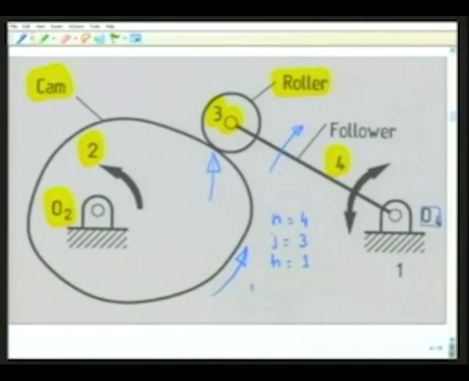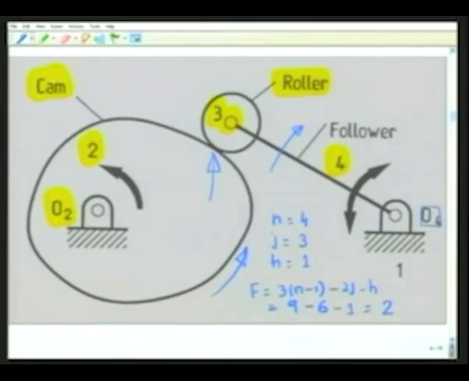So if we calculate the degree of freedom F, which is 3 times n minus 1, minus 2j, minus h, which is 3 into 3, 9, minus 2 into j, 6, minus h, that is 1, which gives 2.